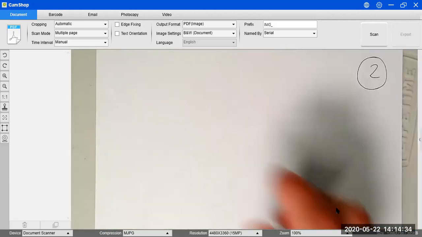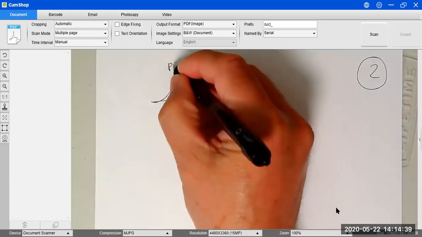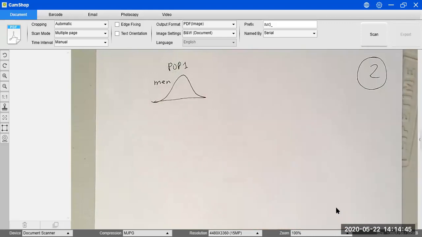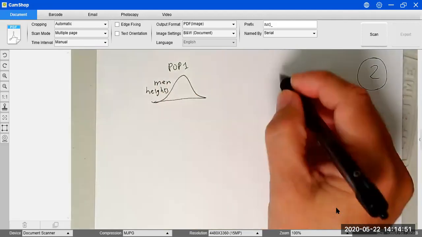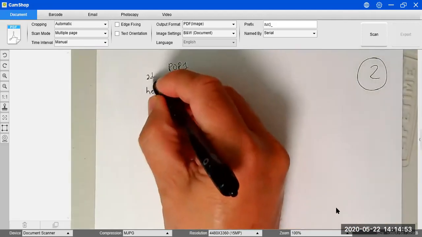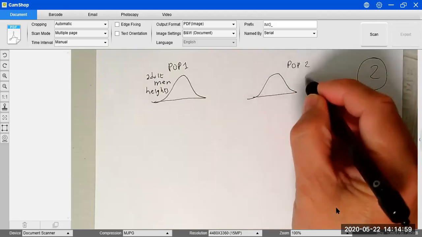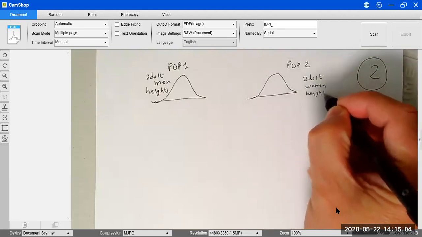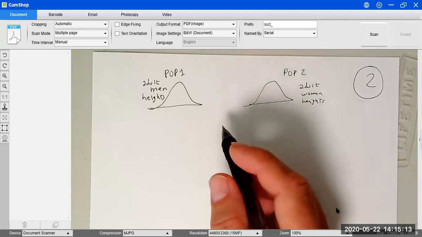What we have is population 1, adult men heights, and then another population, adult women heights. So the heights are what the populations consist of.